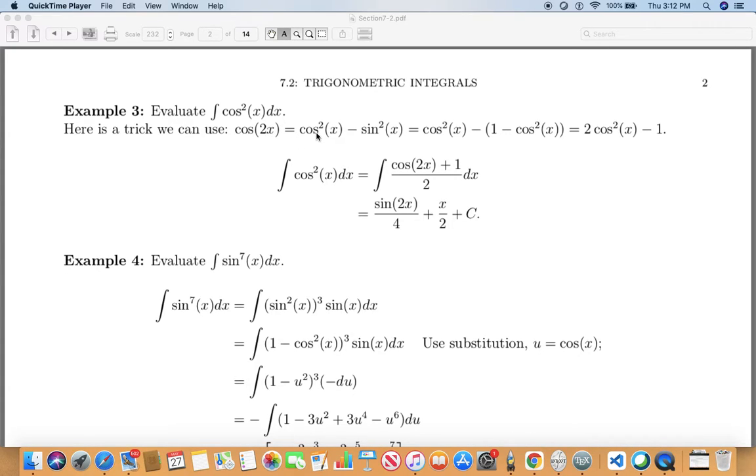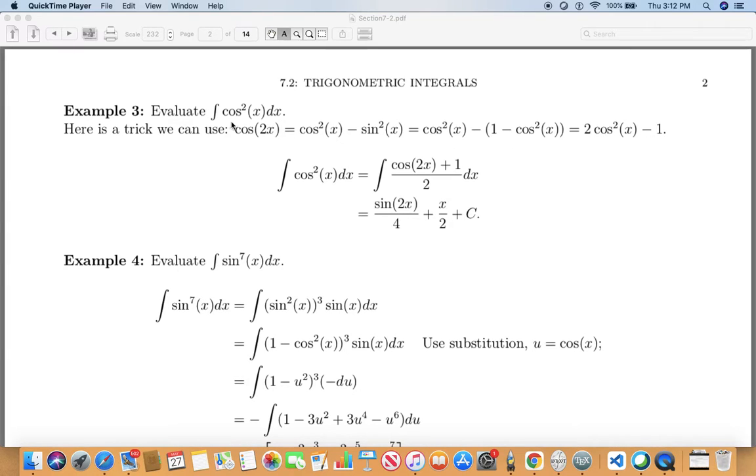Cosine 2x is cosine squared x minus sine squared x. Sine squared in turn is 1 minus cosine squared. So that negative with that negative makes it positive, and I have 2 cosine squared x minus 1.